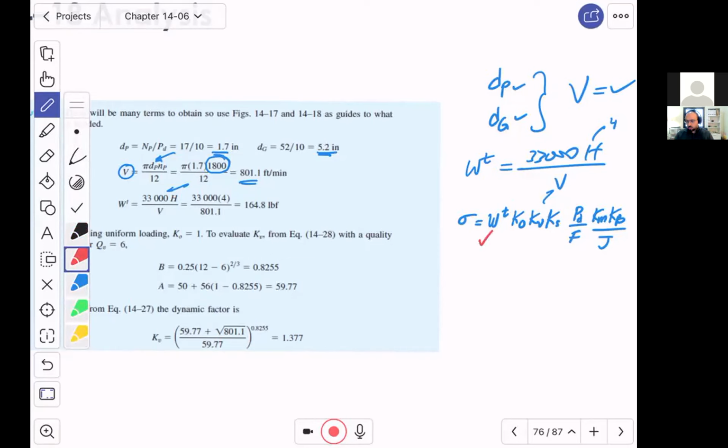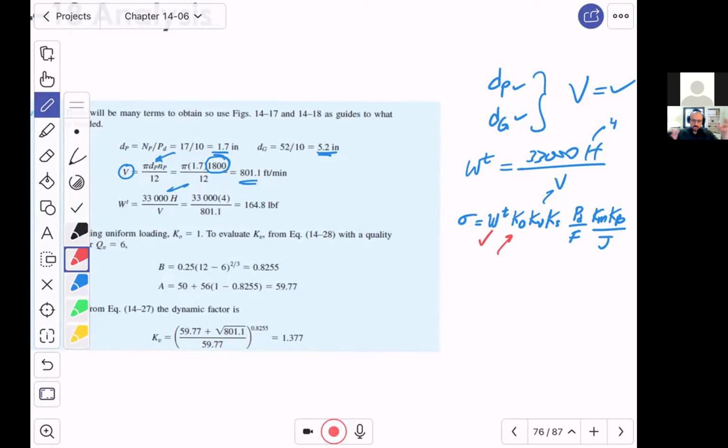Correct? And then we start chipping away at these constants one by one. KO is the what? Was the load factor? Let me just get the right name for it. KO is the overload factor, or the application factor.